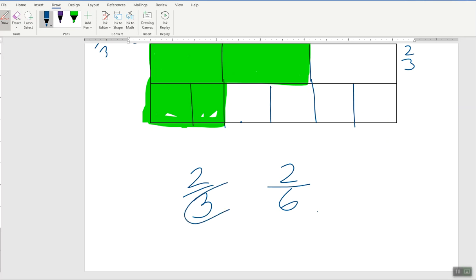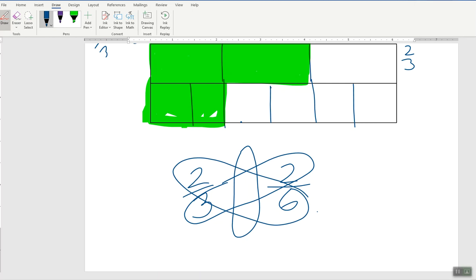It has 2 wings and the body. So we're going to multiply. 6 times 2 is 12. 3 times 2 is 6. And then you're going to look at which one was bigger. Was it the 12 or the 6? 12 is bigger, so that's going to be your bigger fraction.